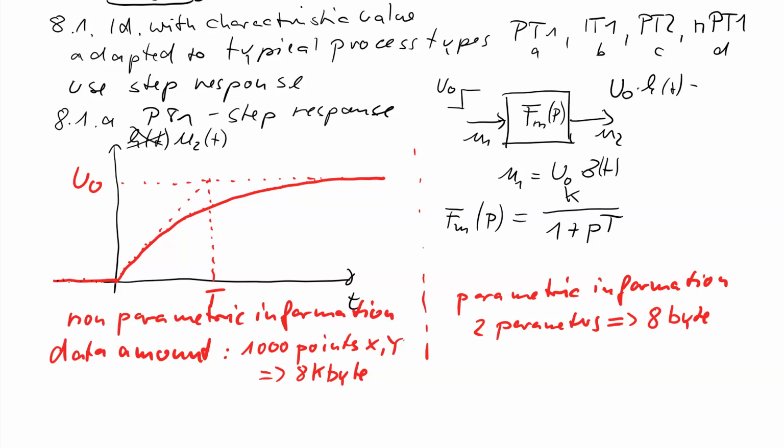Okay, so this is a good way to show that data amount is not the same as information amount. We want to have information and not data.